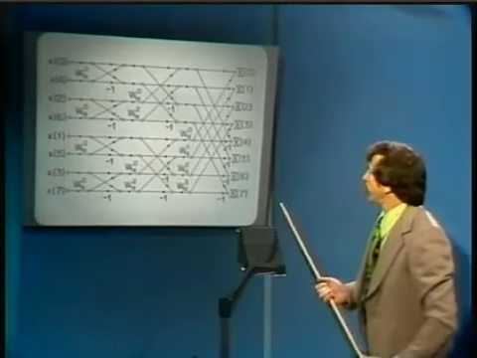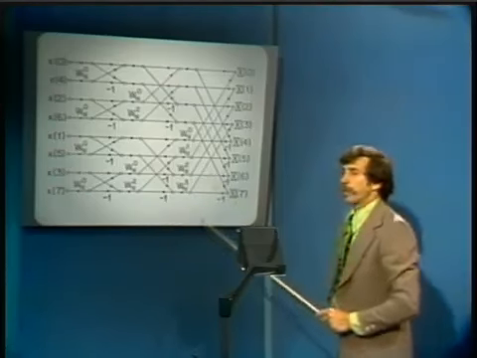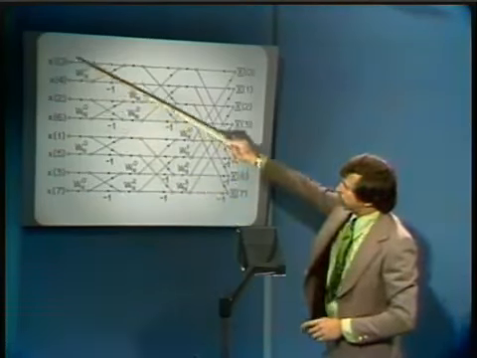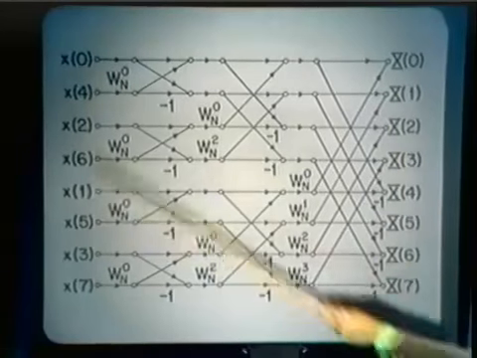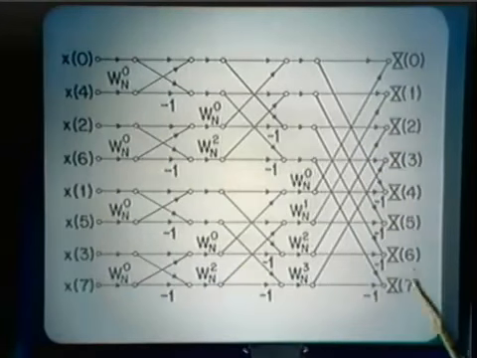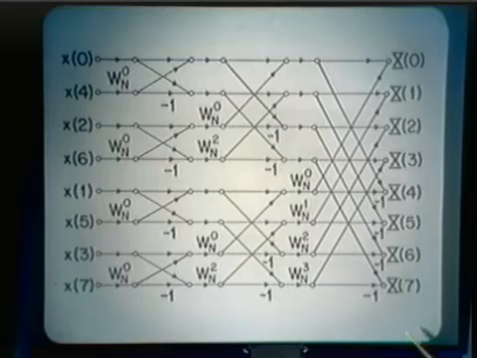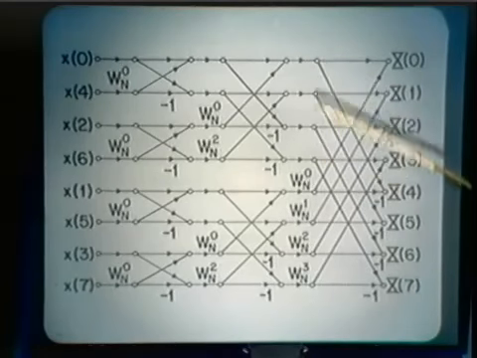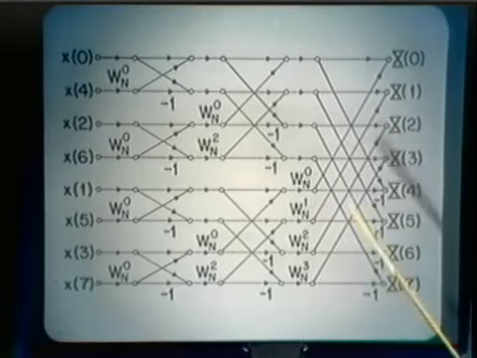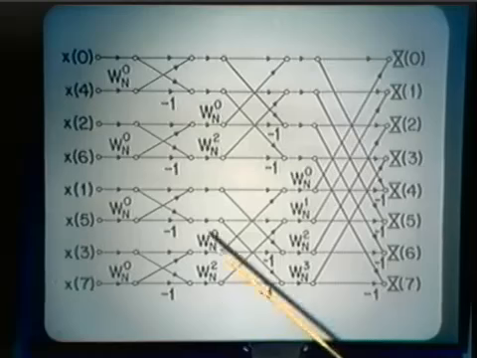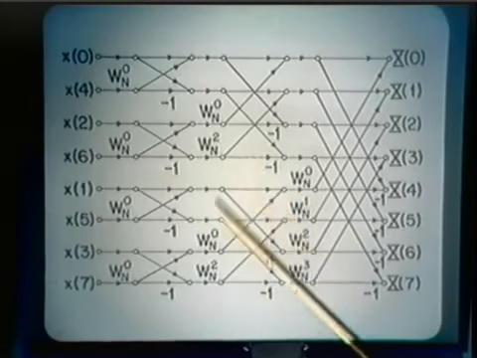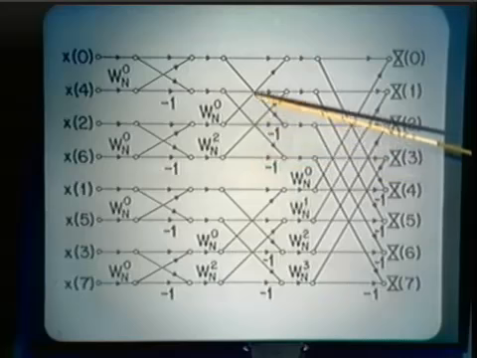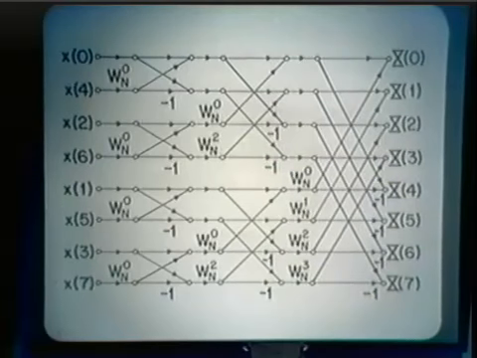First, let me return to the original flow graph that we began with, which consisted of the input sorted in normal order, and, in bit reversed order, and the output sorted in normal order. The indexing in this flow graph is relatively straightforward in that you should notice that as you proceed from stage to stage, the width of the butterflies continues to double.